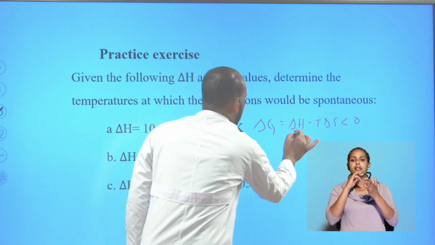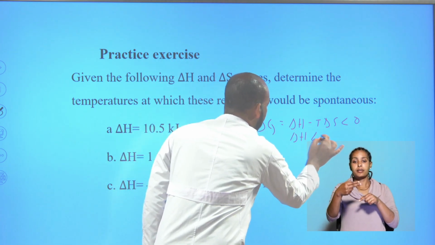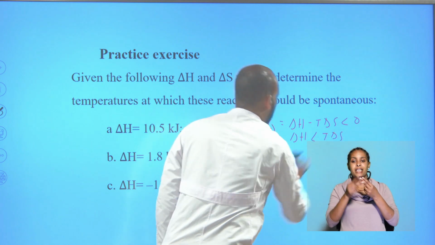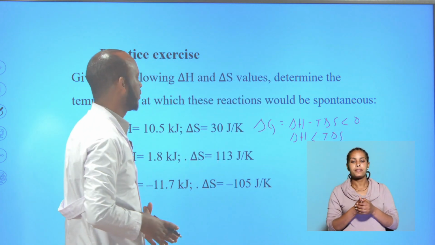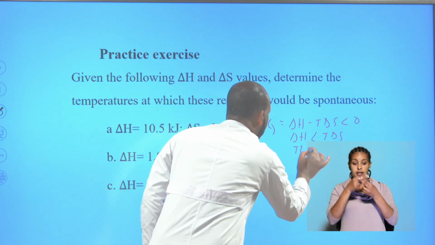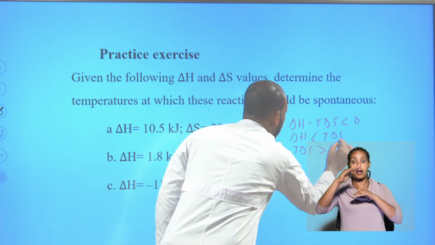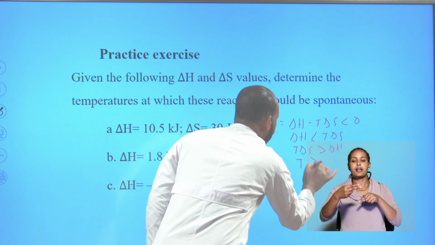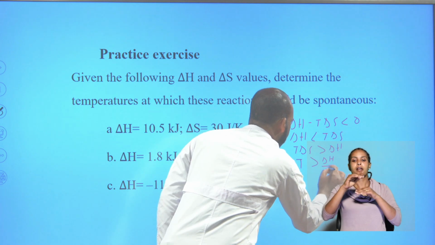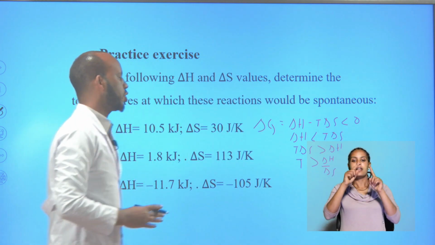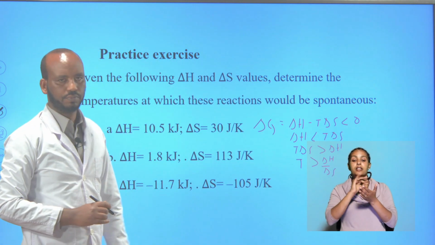This is the same as delta H is less than T times delta S, or T times delta S is greater than delta H. For T greater than delta H over delta S, this reaction would be spontaneous.